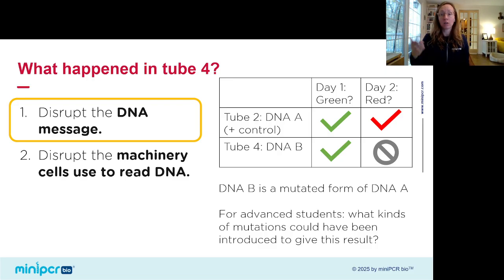They can generate their own ideas. Perhaps a premature stop codon terminated translation of the red fluorescent protein too early. Perhaps there was a deletion that took a big bite out of the protein coding sequence. This is a great opportunity for them to use some creative and critical thinking to apply what they already know about DNA to their observations in this experiment.